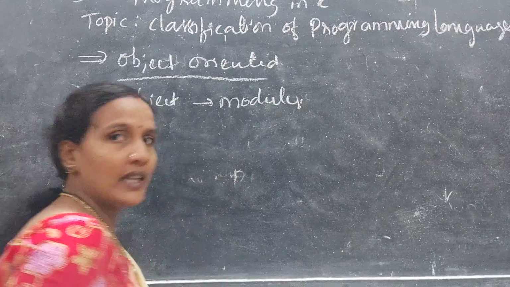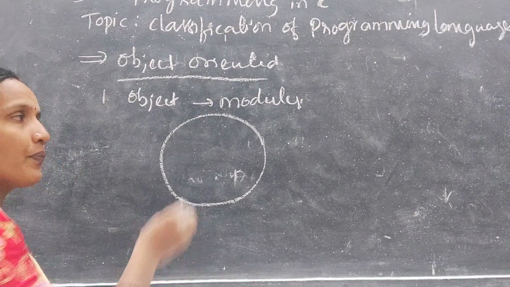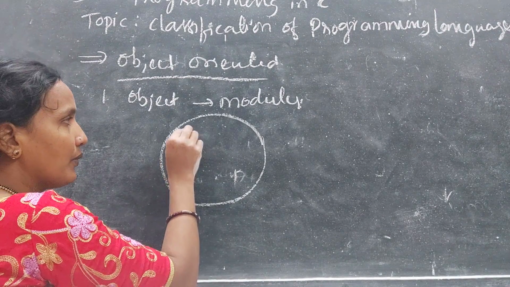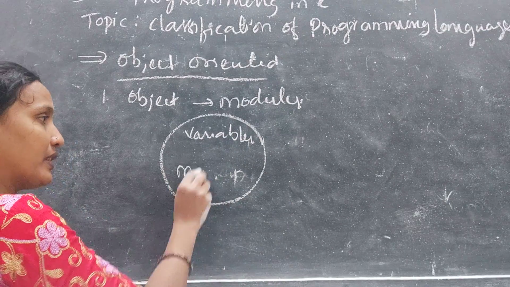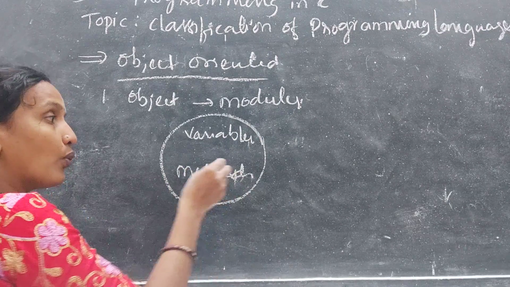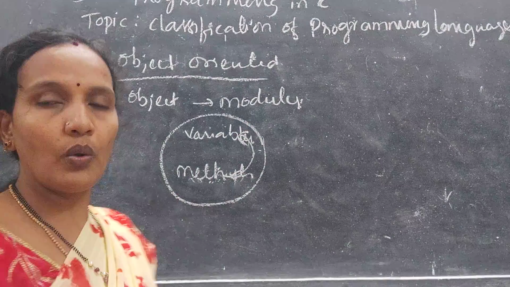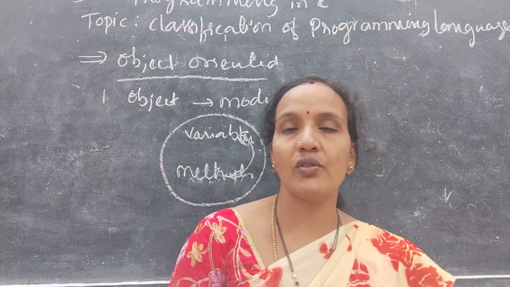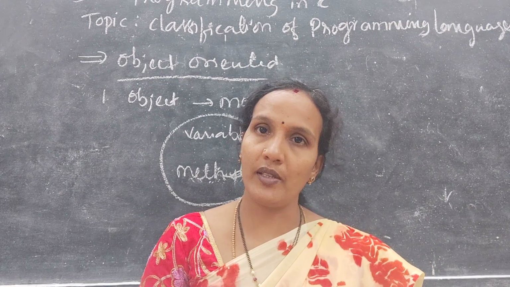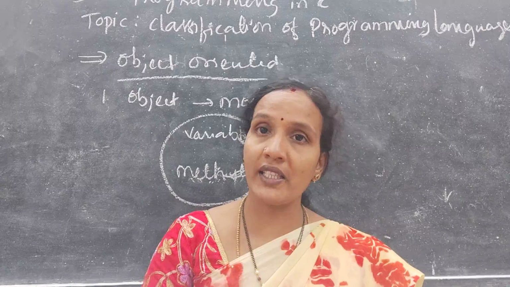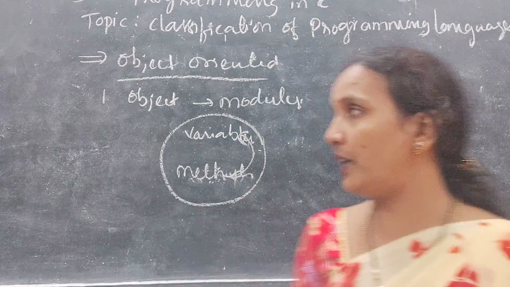An object contains different variables, values, and methods which can be performed on those variables. So you can say an object is one module which contains different variables and different methods which can be operated on those variables.